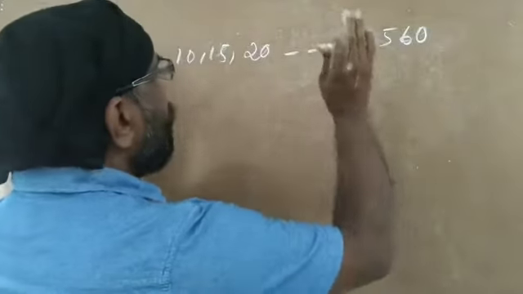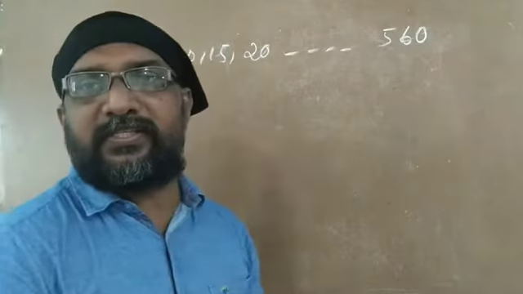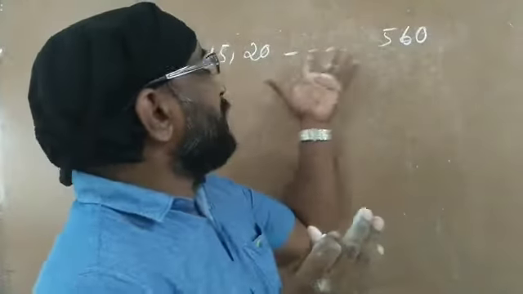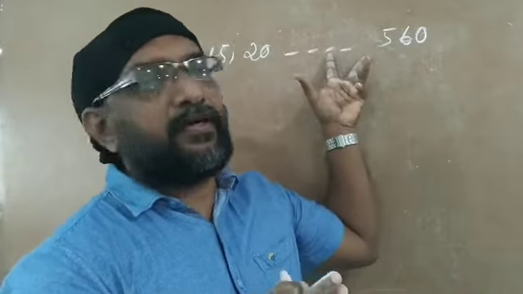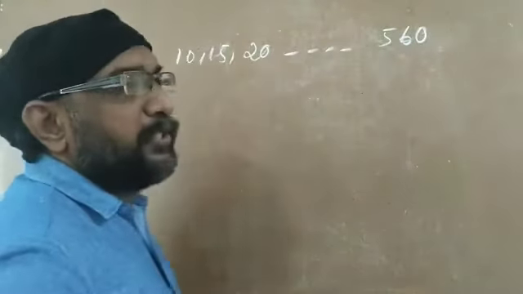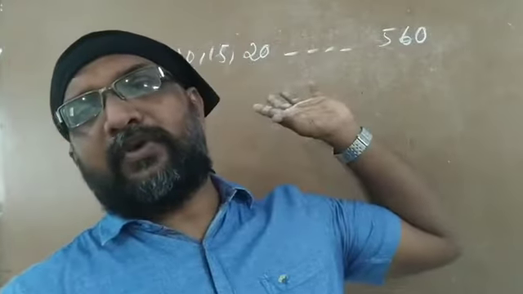You are asked to find out the number of terms in the sequence. So we don't know how many terms have been missing there. So you have to find out the total number of terms, including the given terms.